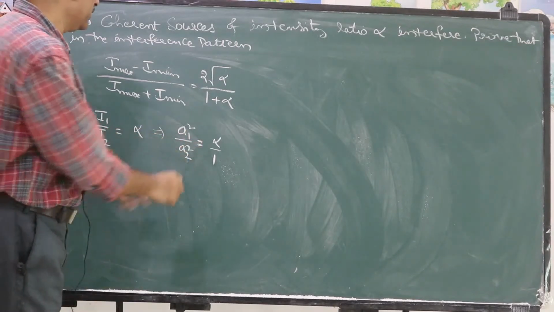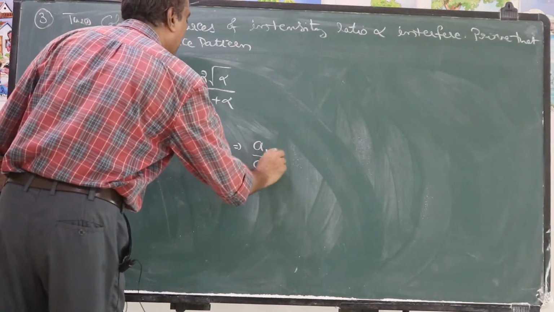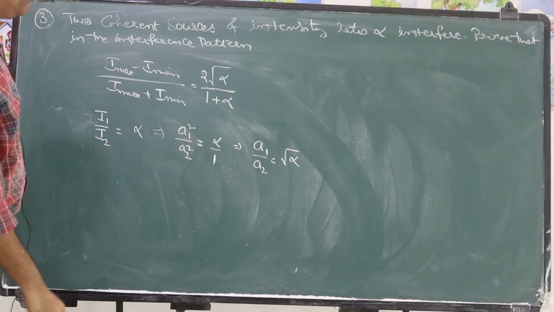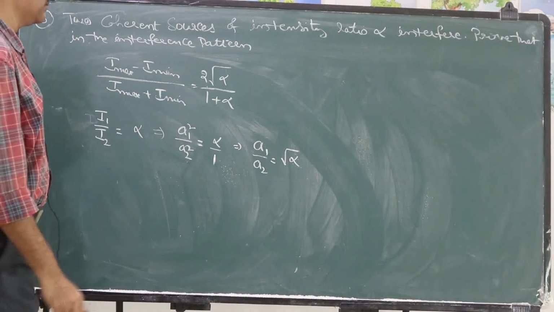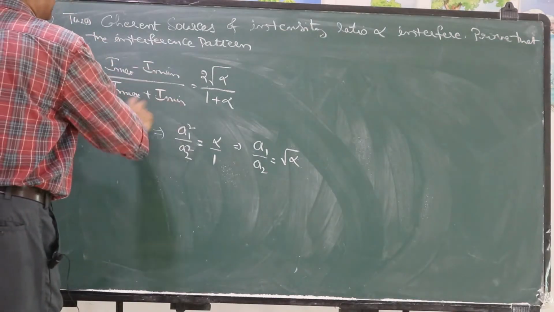So this we can write A1 by A2 is equal to root alpha. Okay. Now we have to find Imax minus I minimum by Imax plus I minimum.